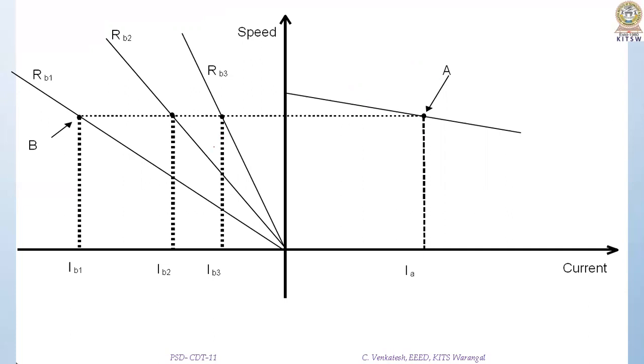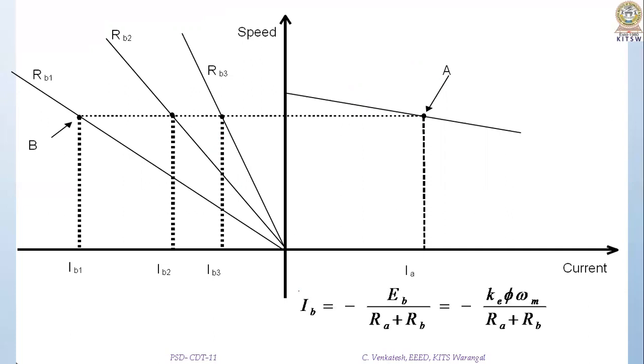So IB is minus EB by RA plus RB, with the braking resistance included. If I increase the braking resistance, the braking current will decrease. Less braking current means more resistance. So if we take RB1, RB2 and RB3, RB3 is greater than RB2, which is greater than RB1.